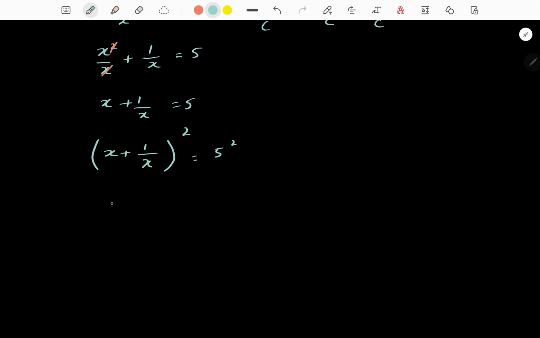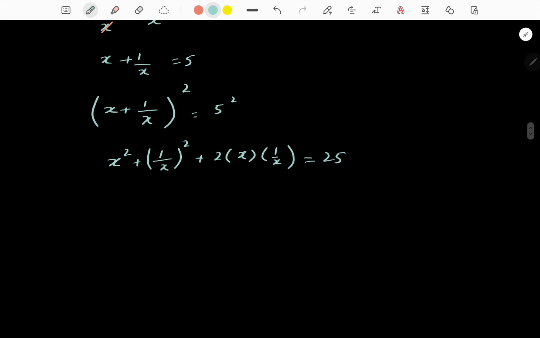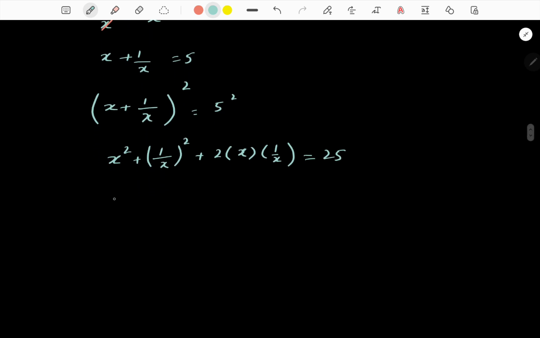So we can write it as (x) square plus (1 over x) whole square plus 2 times x into 1 over x, that is equal to 25. And from here we have x square plus 1 over x square plus, this x will be cancelled out with this x, and we have 2 is equal to 25.